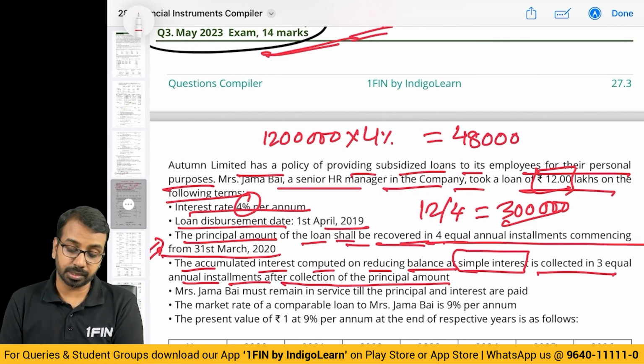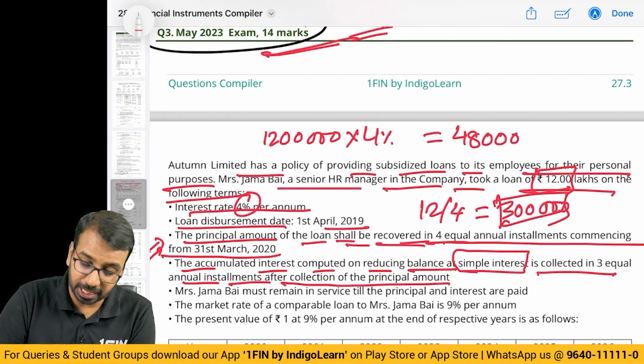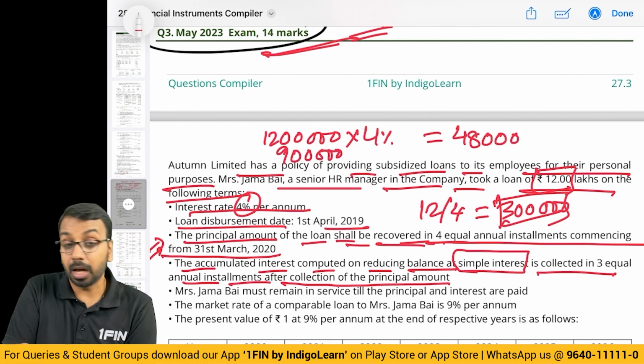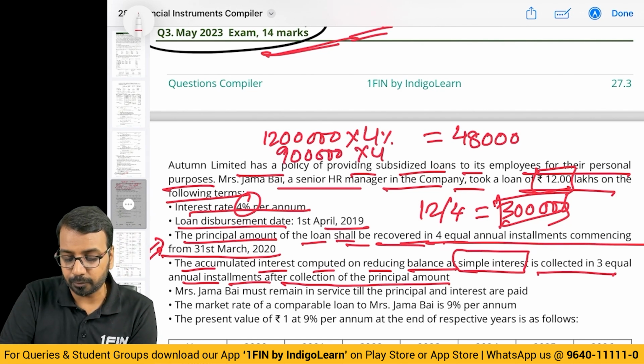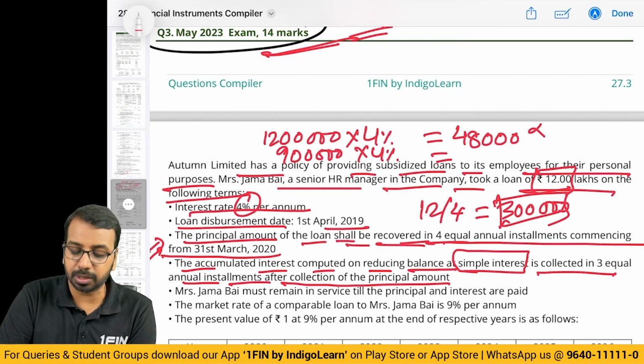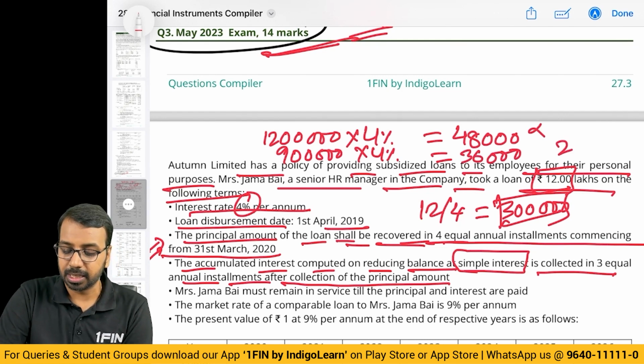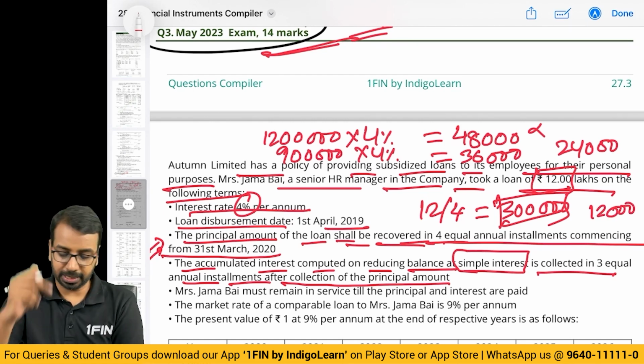First year interest. Second, they are saying we will collect 3 lakhs at the end of the first year. Second year now you have 9 lakhs. On this 9 lakhs you will calculate 4% interest. You will not calculate interest on interest. So this becomes 36,000. 48, 36, next year it will be 24,000 and the year after that it will be 12,000.